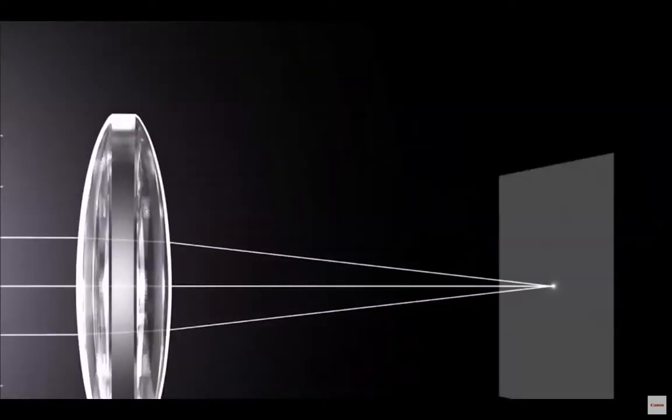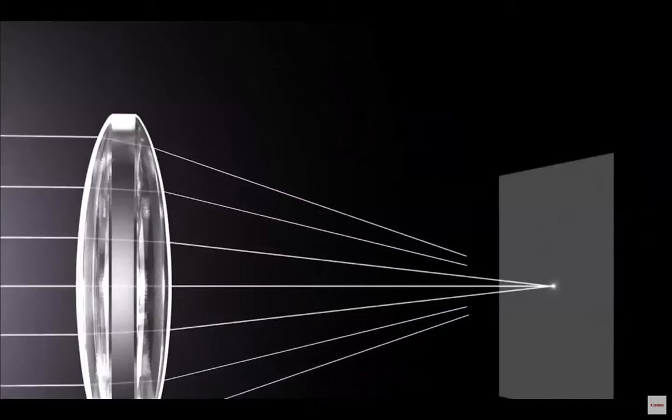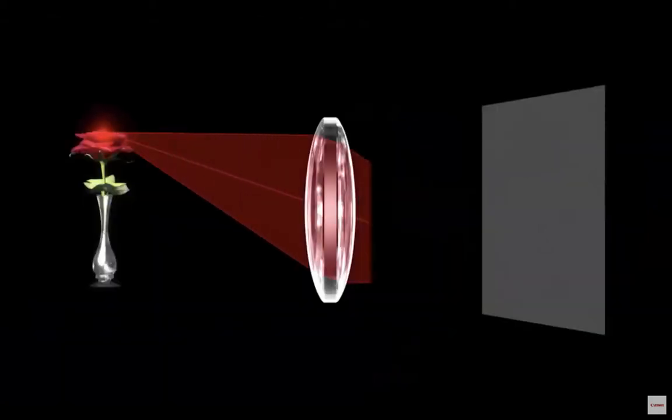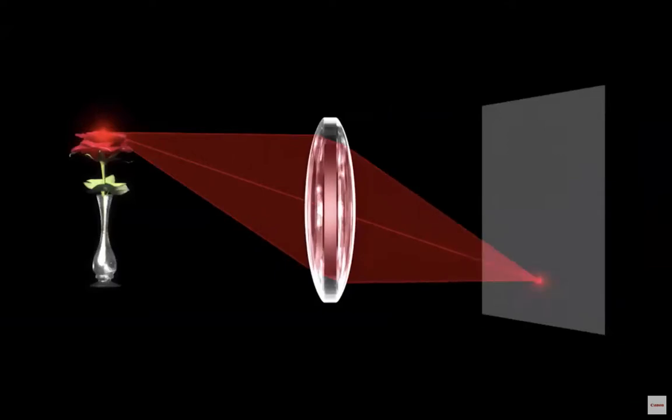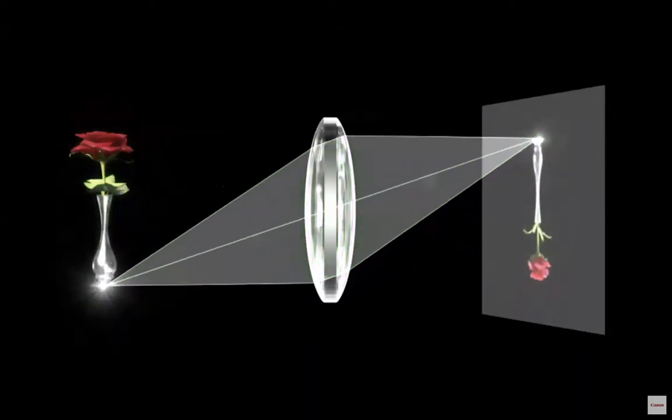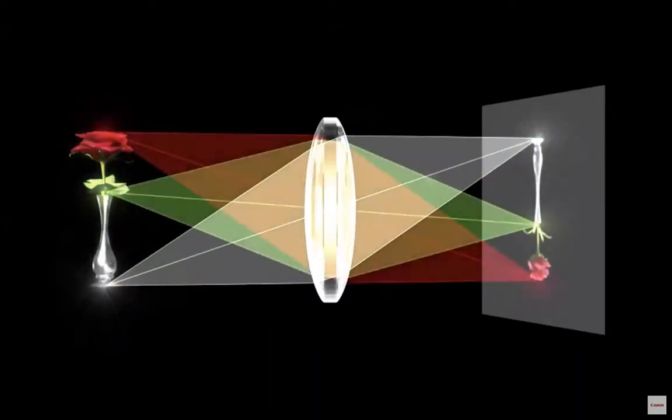When light rays pass through the lens, they do not travel in straight lines, but rather bend slightly inward. This phenomenon is called refraction. When light rays pass through the lens, they refract and converge to a single point to produce an image. Because the image passes through the lens to the opposite side, it is projected upside down.